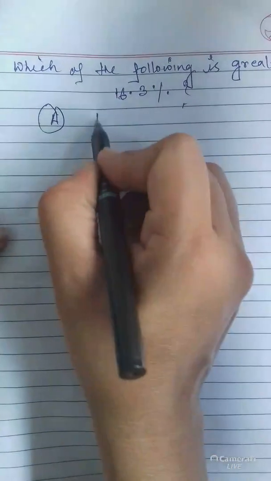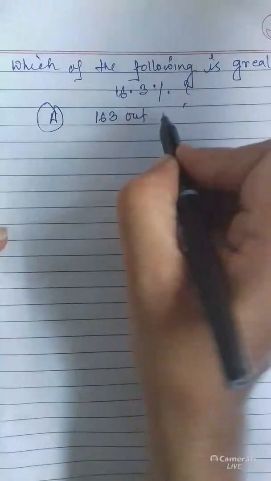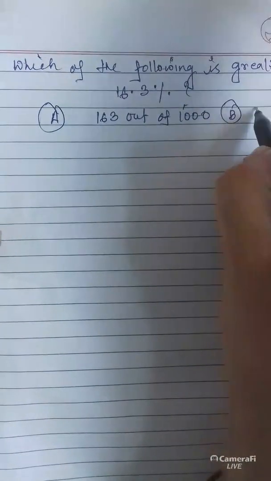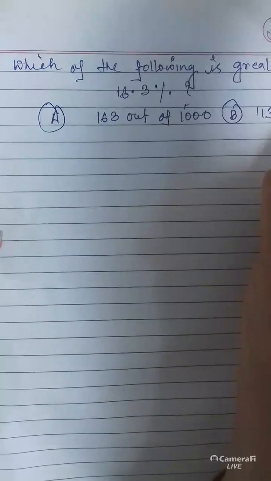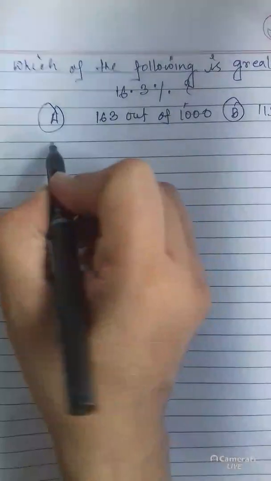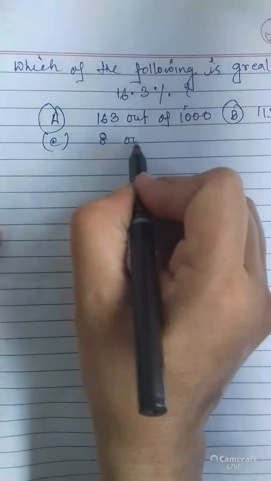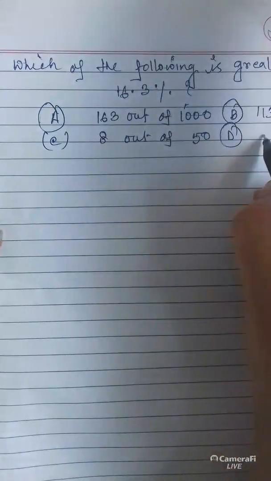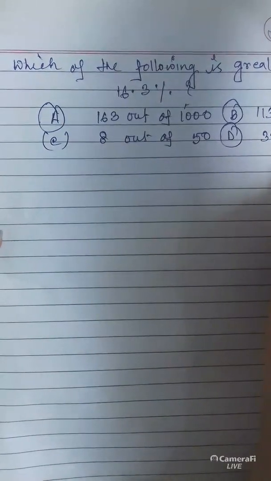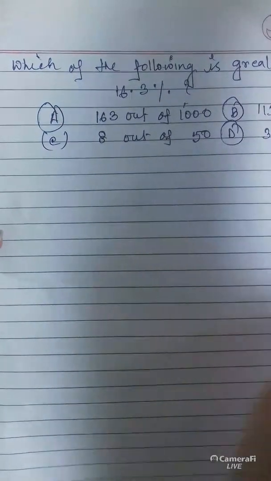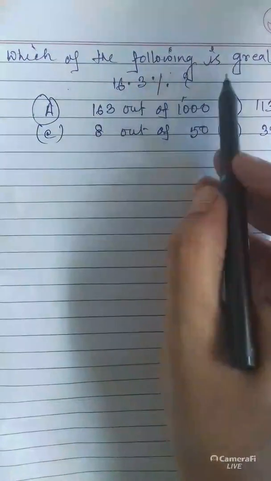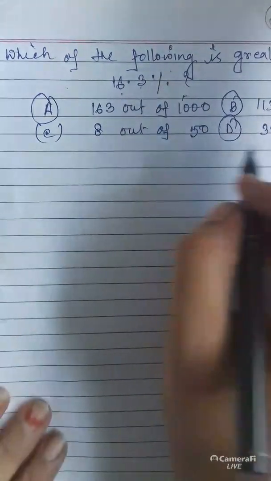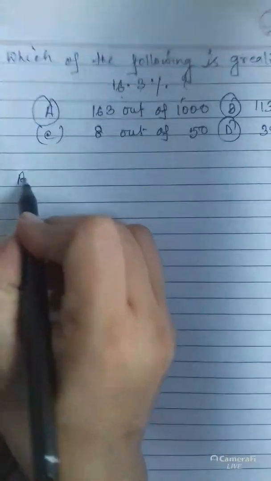Option A, 163 out of 1000. Option B, 113 out of 250. Option C, 8 out of 50. And option D, 39 out of 750. Now first we take option A.